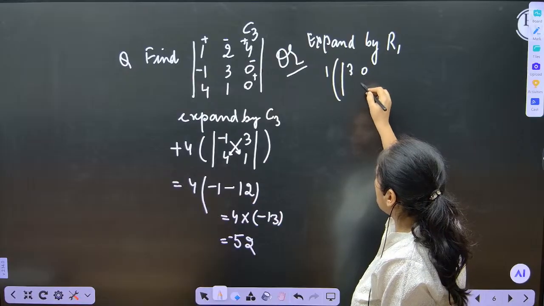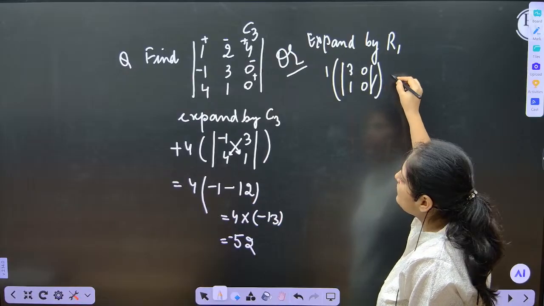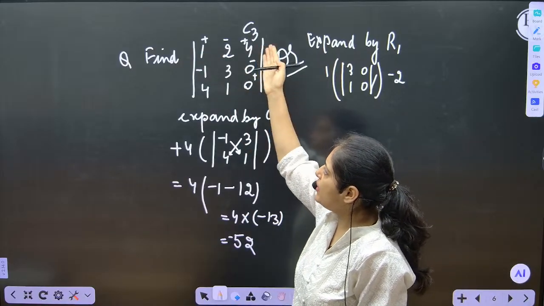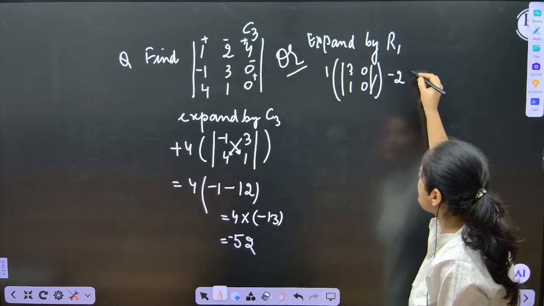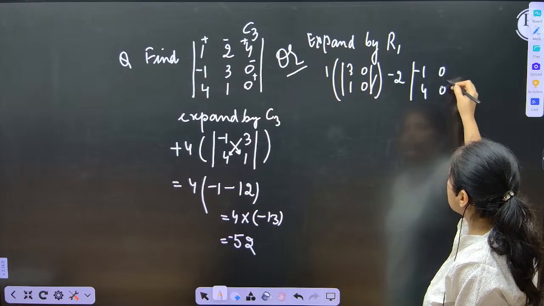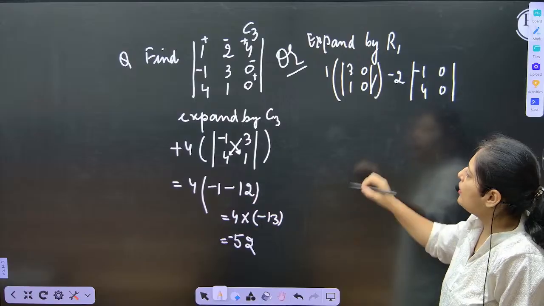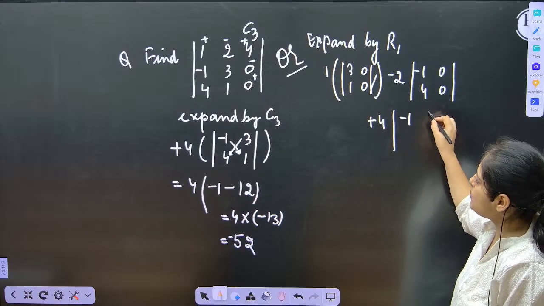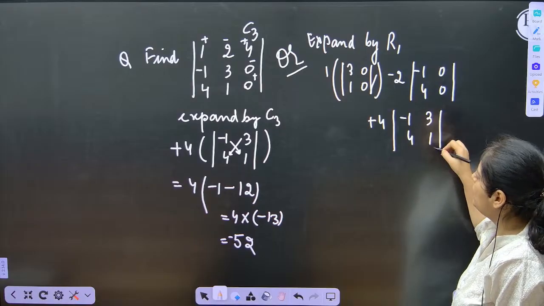Minus 2 now. Minus 2 lies in the first row, second column. Which numbers are left? Minus 1 0, 4 and 0. Plus 4. Which numbers are left? Minus 1 3, 4 and 1.